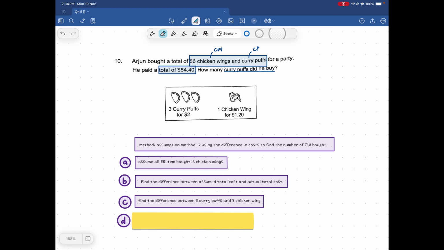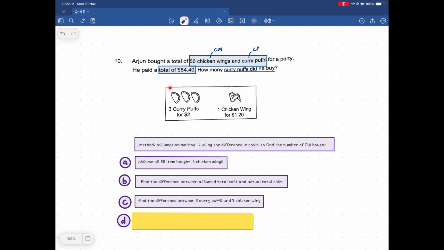Next, we will find the difference between 3 curry puffs and 3 chicken wings. 3 in this case is because for curry puff, they sell as a set of 3 and it's $2. So if we take $2 divided by 3 curry puff, 1 curry puff is actually around 67 cents. It is actually a recurring number which is very difficult to deal with.